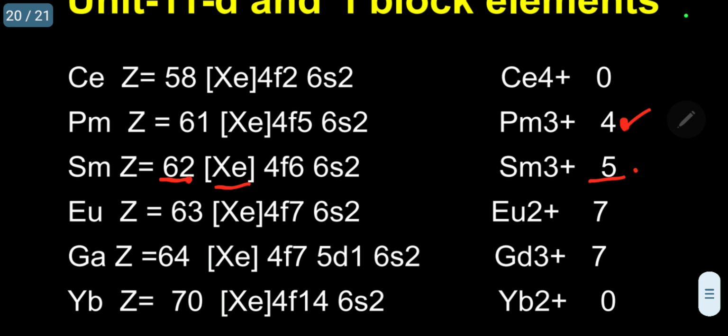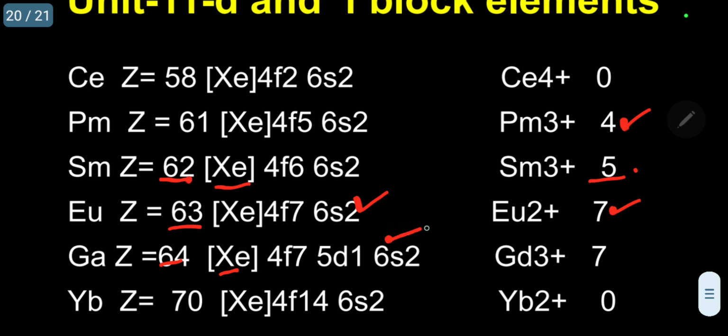4f5, this is. The next one, europium, that is 63: xenon inner configuration, 4f7, 6s2. So 2 plus, so this 2 goes, so 4f7, 7. And gadolinium 64: xenon inner configuration, 4f7, 5d1, 6s2.